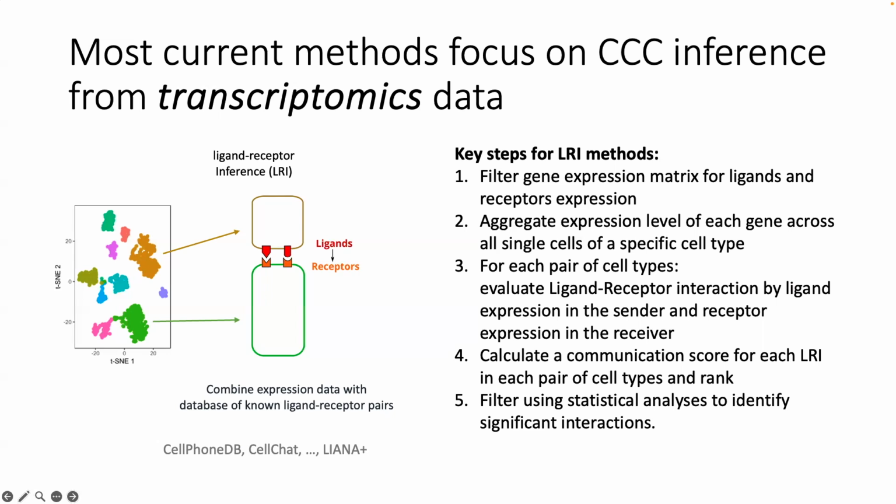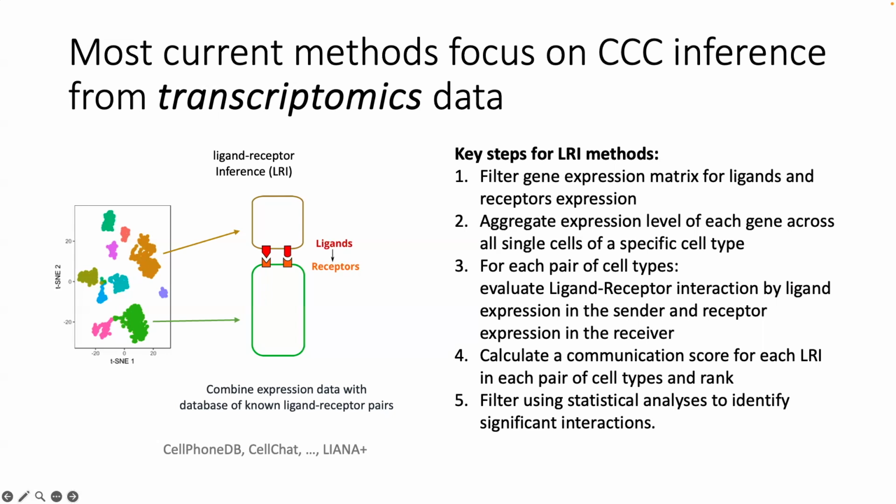Basically, if your ligand has a very high expression and your receptor has a very high expression, that ligand-receptor pair between that sender and receiver cell type will get a high score. And you're going to do that for all pairs of cell types, and per pair of cell types for all ligand-receptor interactions.